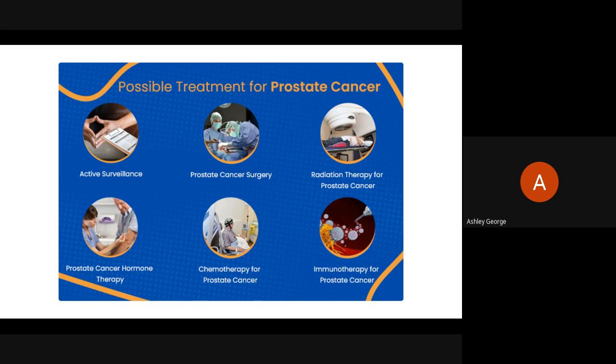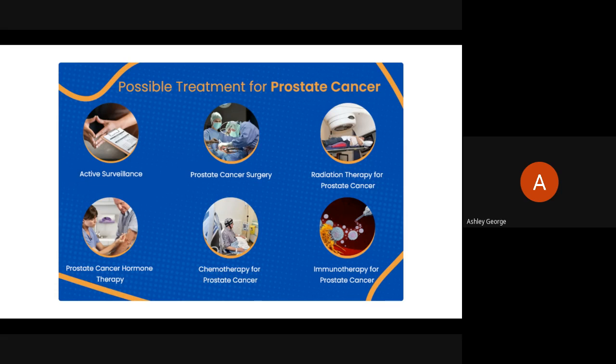So the general order of operations would be the surgical removal and the radiotherapy, as I mentioned. And then if the disease continues or if there is a relapse after this initial treatment, the next step would be the use of androgen deprivation therapy or ADT. That's something that I'll mention throughout the presentation.